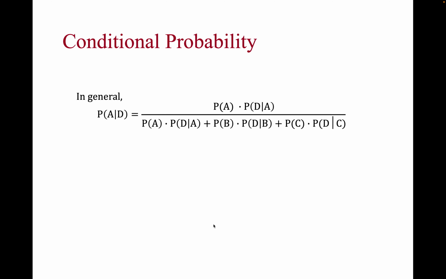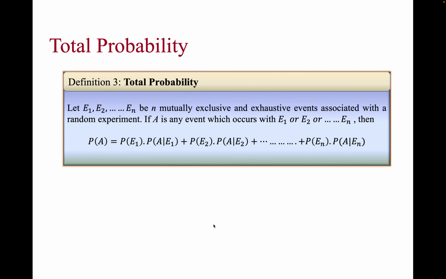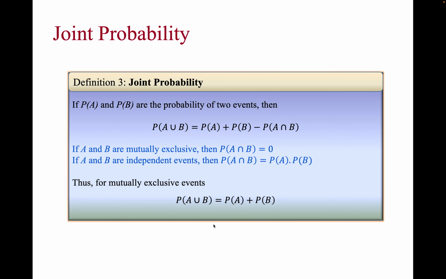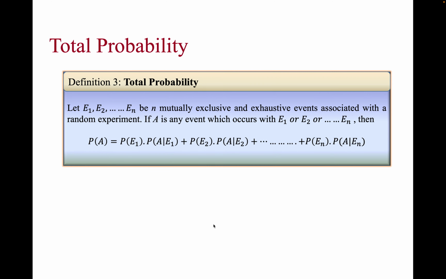There's more to conditional probability. Total probability. So conditional, joint, simple. Simple, joint, conditional, total.